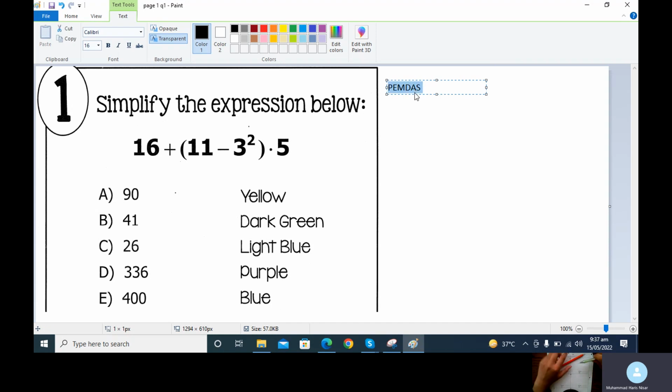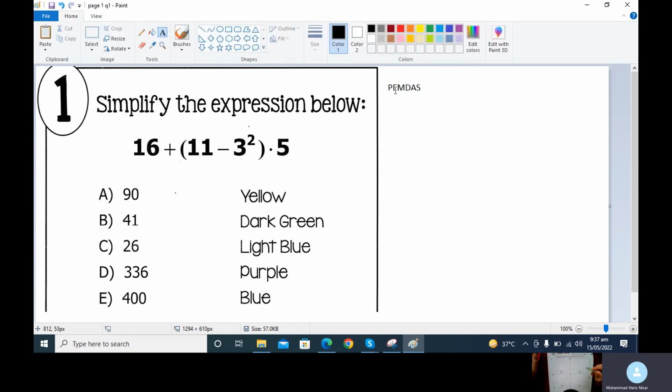So what does it mean? While simplifying these types of expressions, you will follow this rule in order. First of all, P E M D A S. P stands for parentheses.